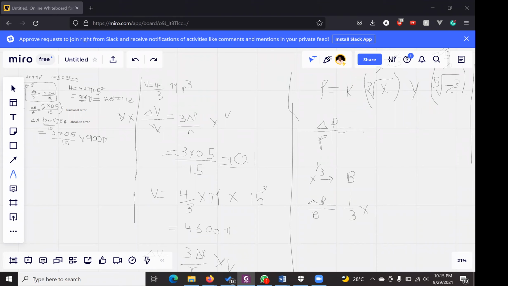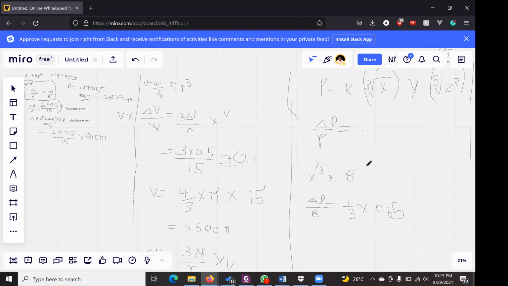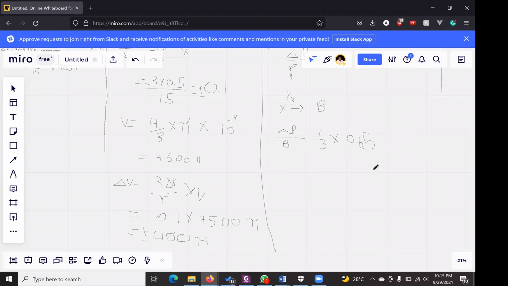They gave you the error already. They gave you the fractional error already. They did not give it to you when it was raised to a third, but they gave it as x alone. 0.65. Tell me if anybody disagrees with what I have or doesn't understand what I have.